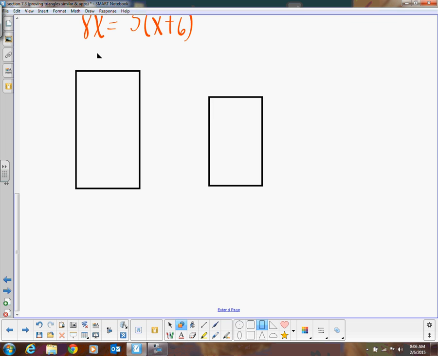This is number 21. Now on this one, we start large and we go small.